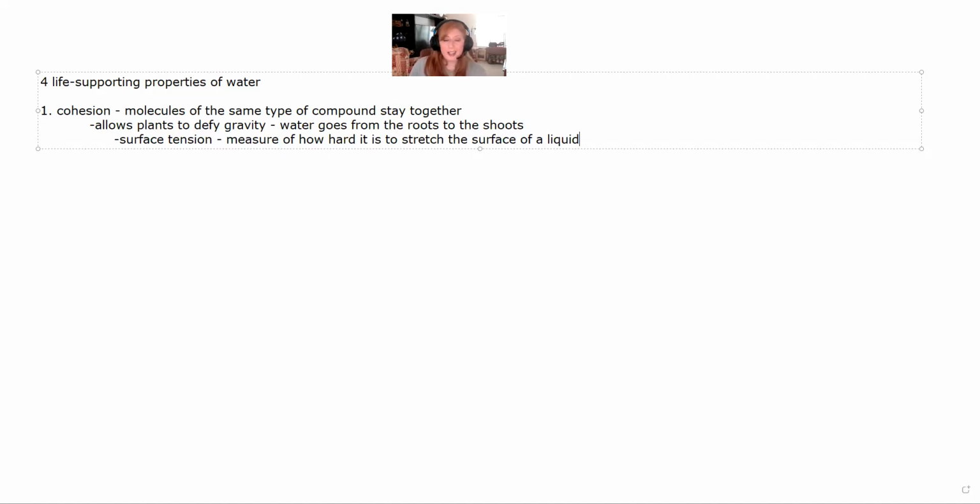Water has high cohesion and high surface tension, meaning it loves to stick together and it stretches quite a bit. This is why those little water bugs can stand on the water, okay? Their mass isn't enough to disrupt those cohesive properties, so they don't fall through the water, they can stand on it.